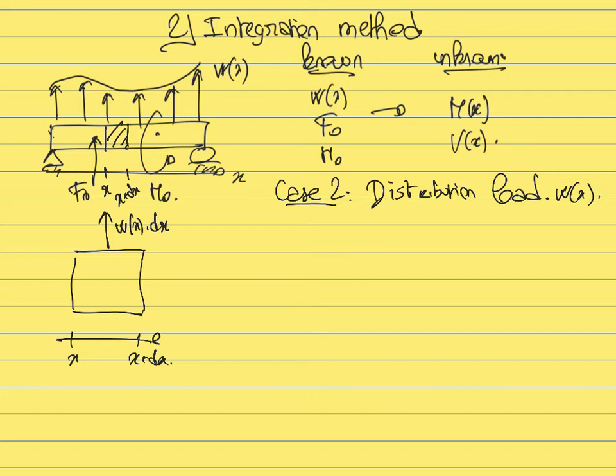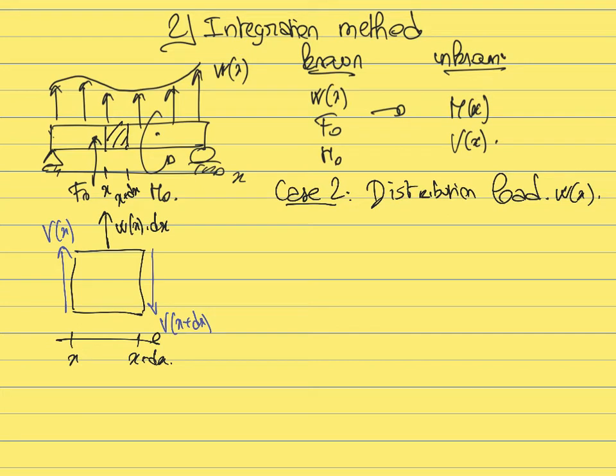Now, we again define the internal shear and the internal moment. The shear on the right is the internal shear at x plus dx going down due to the sign convention, and the internal shear at the position x goes up due to the sign convention.